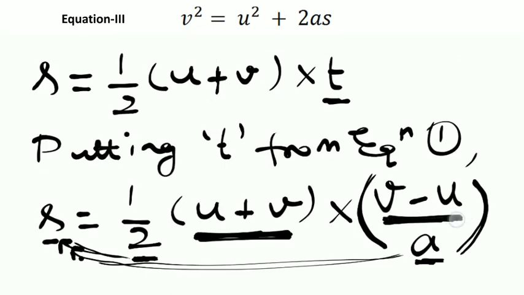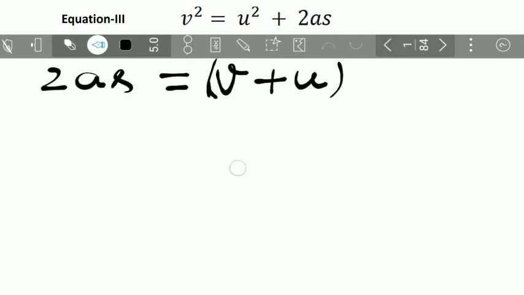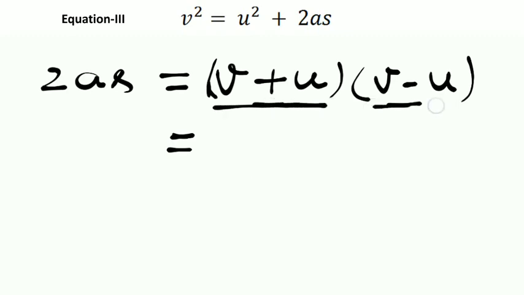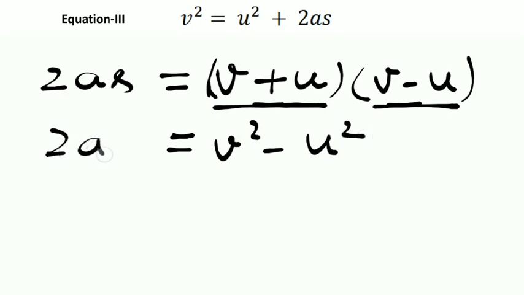This a and this 2 are already multiplied with s, we have only this v minus u remaining. Now v plus u into v minus u becomes v square minus u square, and this is 2as.